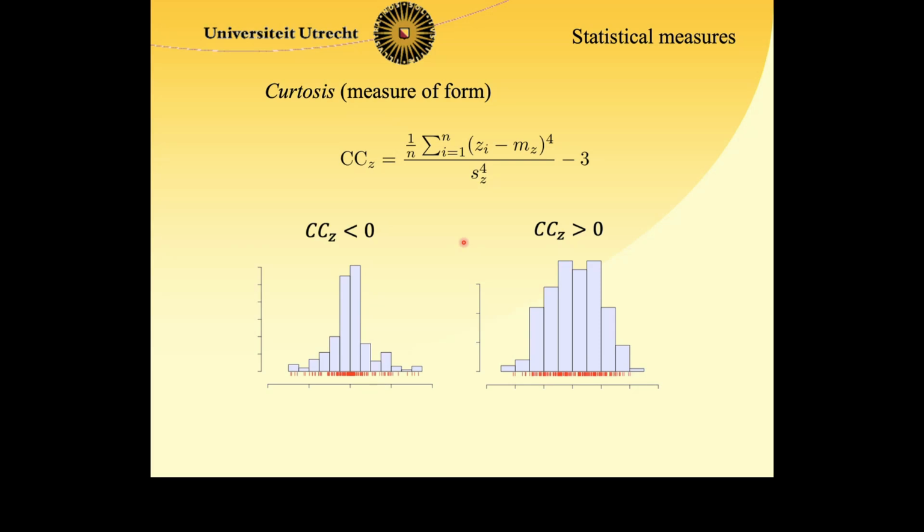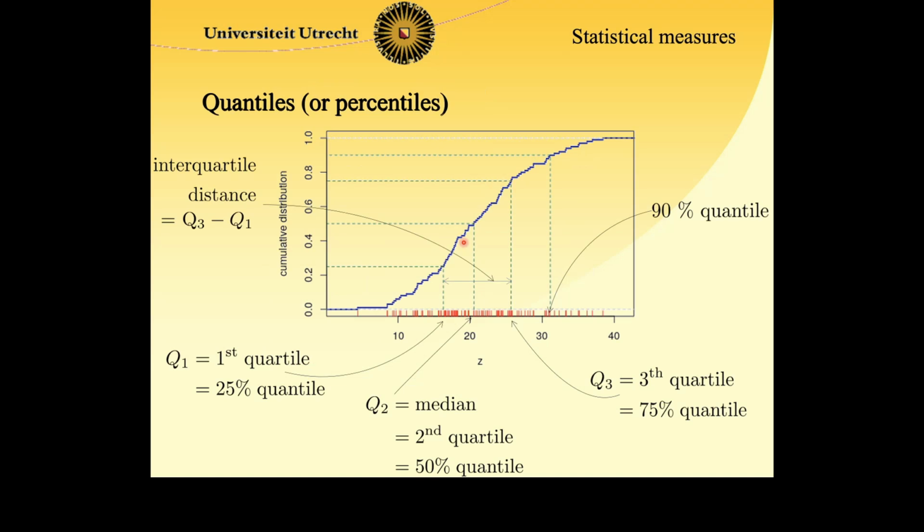Now a more complete way of describing a data set is by looking at the so-called quantiles or percentiles. For instance, the 90% quantile is that value where 90% of the data are smaller than that value. So how do you find it?